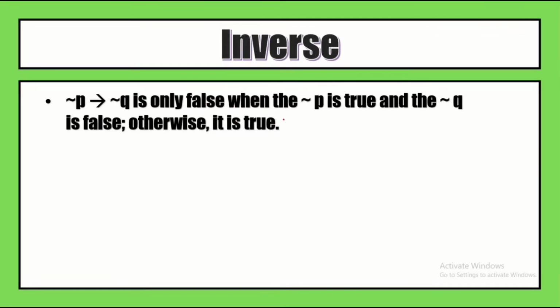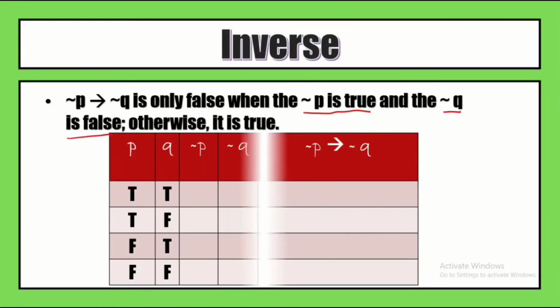Kasi, kukuha tayo ng concept doon sa negation of P and sa negation of Q. Okay, so if you can see here, kapag under ka ng inverse, and even sa contrapositive sa next slide, kailangan mo munang kunin yung negation bago tayo magbigay ng true or false dito.